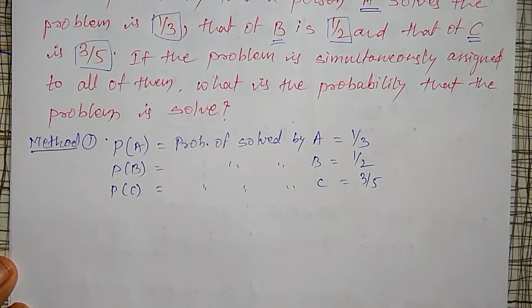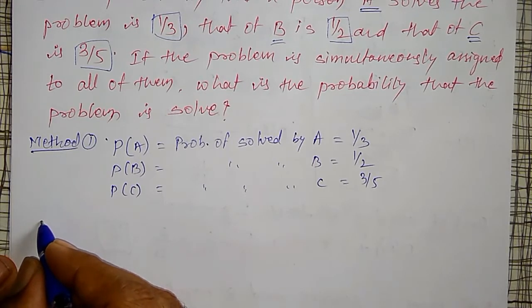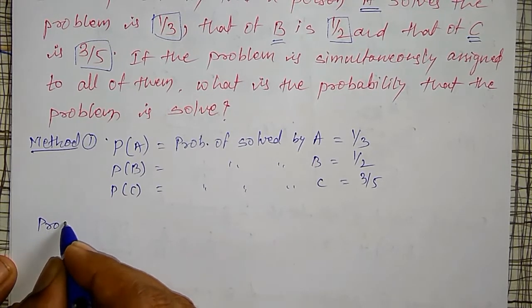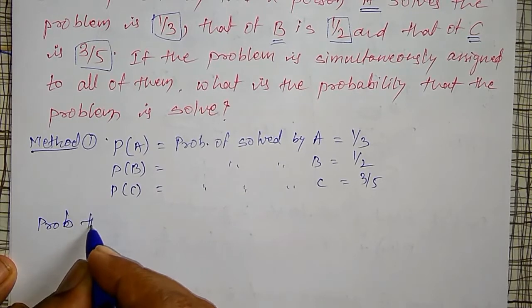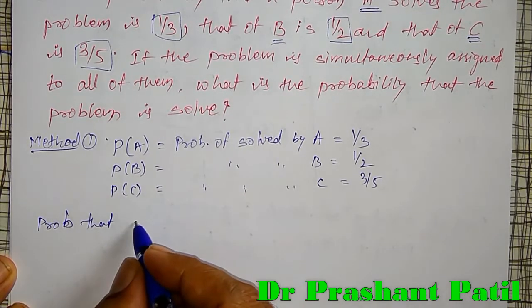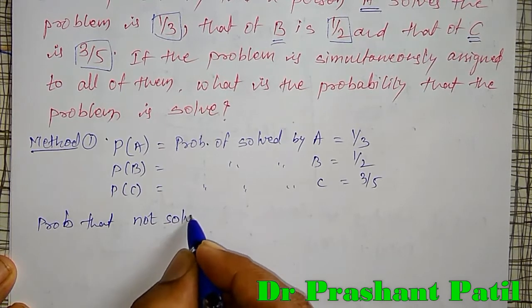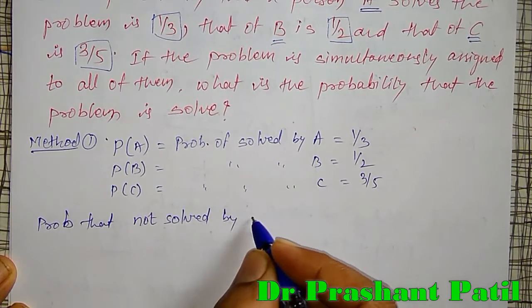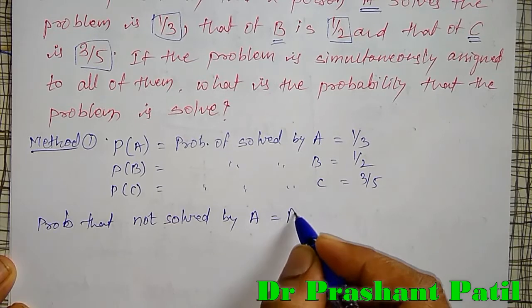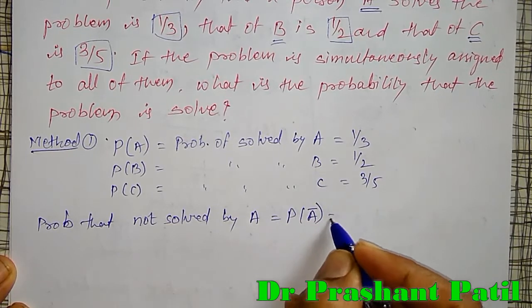Then using one of the conditions, the probability not solved by A is equal to probability of A bar.